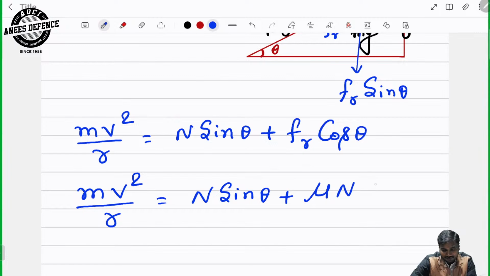Mu N into cos theta. Very good. Equation number 1.